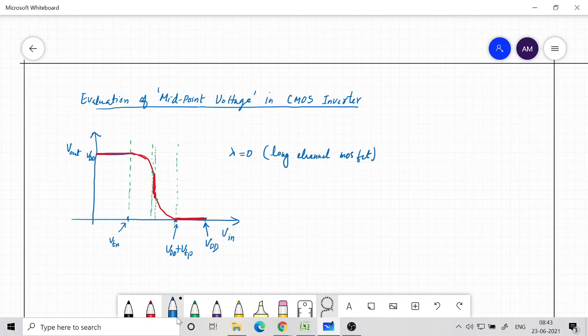The fraction of reduction of channel length becomes significant when the total length of the channel is very less. But if it is a long channel, even if you change a little bit reduction, it won't affect much. Okay, so you can take it as 0 for long channel.